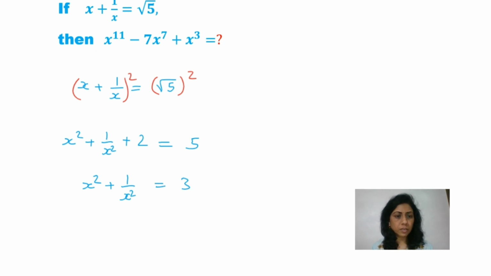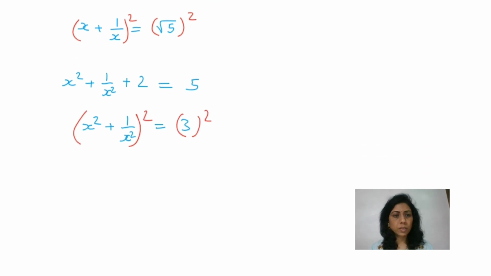Now again taking a square, we can expand this. So x square, then square, so x to the power 4. Here we do square, so we get 1 upon x to the power 4 plus 2.